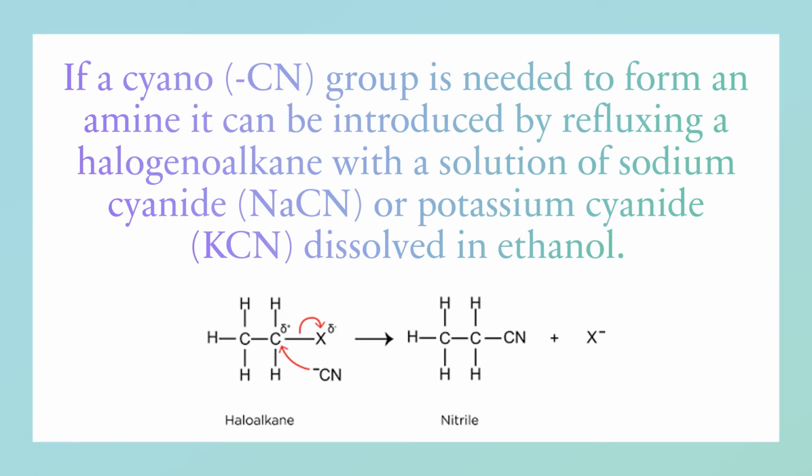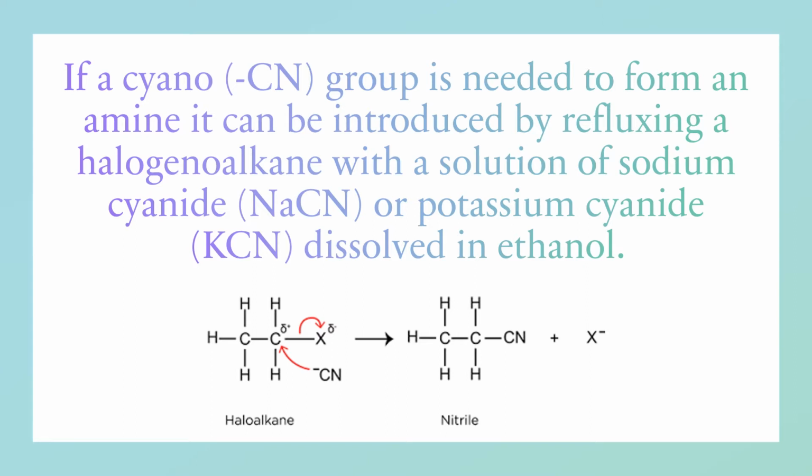At the top of page 9, it says this. If a cyano group, that's also known as a nitrile group, remember? If a cyano group is needed to form an amine, it can be introduced by refluxing a halogenoalkane with a solution of sodium cyanide or potassium cyanide dissolved in ethanol.